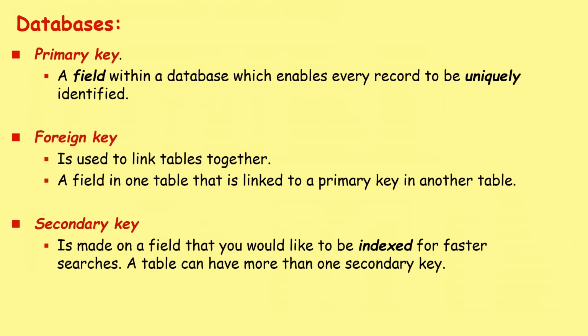A primary key is a field within a database which enables every record to be uniquely identified. A foreign key is used to link tables together, a field in one table that is linked to a primary key in another table. A secondary key is made on a field that you would like to be indexed for faster searches. A table can have more than one secondary key.